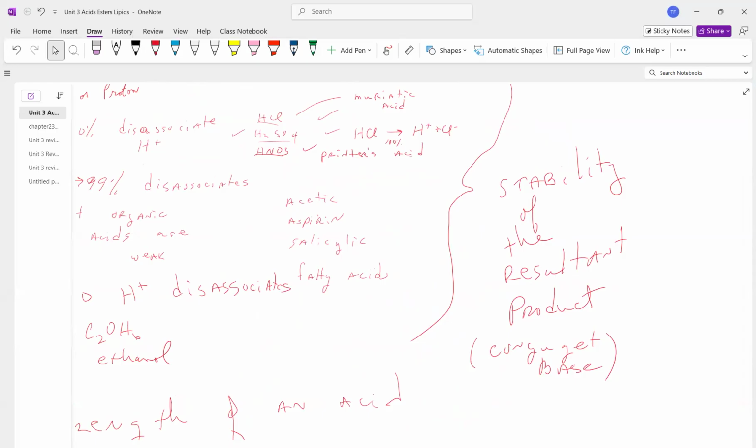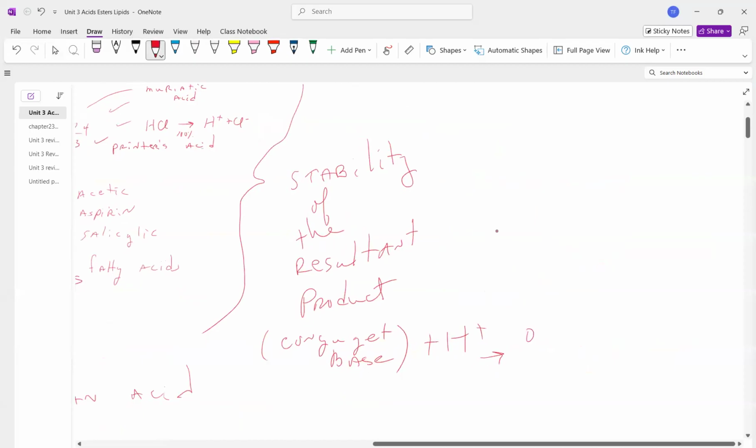It depends on who taught it. But the conjugate base and the acid go together. What's not in the equation is the H plus. So the conjugate base plus the hydrogen ion that came off will yield the original acid.